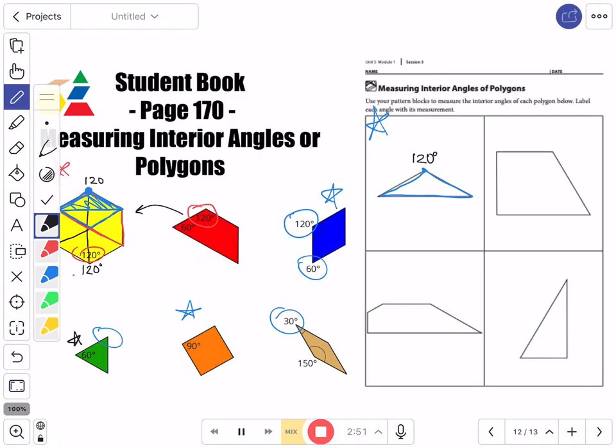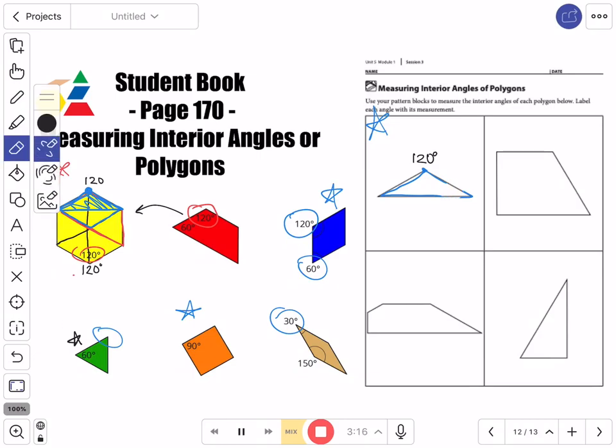So if we did that, think very carefully. Well, this would be 120, and I know that because this is 120, right? So if that's 120, I'm already at 120. How many more do I need? Because remember that all the corners of a triangle add up to 180.